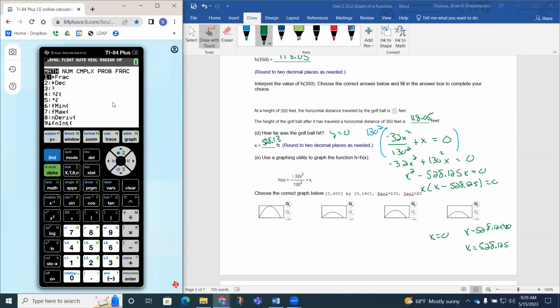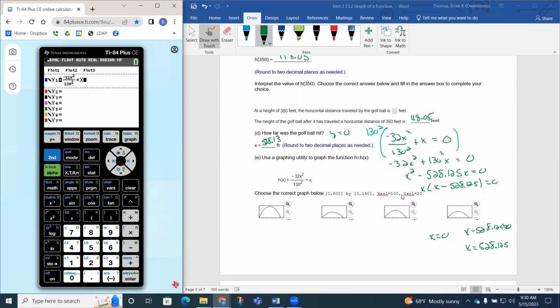At the math button, if you go all the way over to the right, there's that fraction mode. Then you can enter negative 32x squared over 130 squared, plus x.